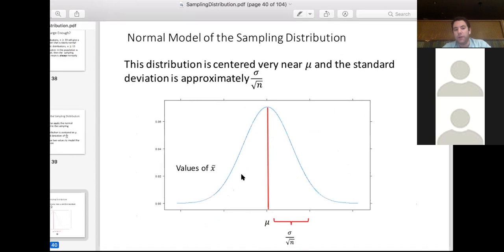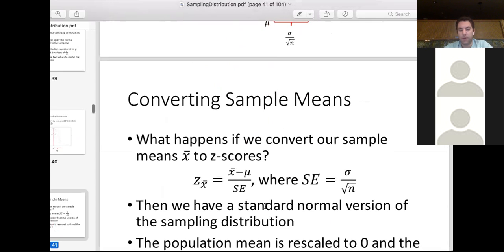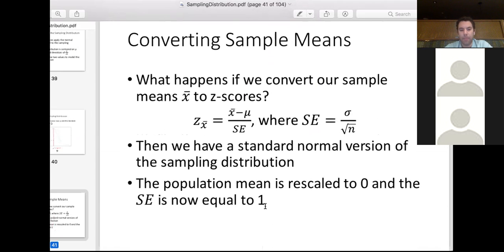We only need two values to describe the distribution: the mean, mu, and the standard deviation, sigma over square root of n, also known as the standard error. If we convert our sample means, x bar, to z-scores, we calculate z using this formula: x bar minus mu over the standard error, where standard error equals sigma over square root of n.